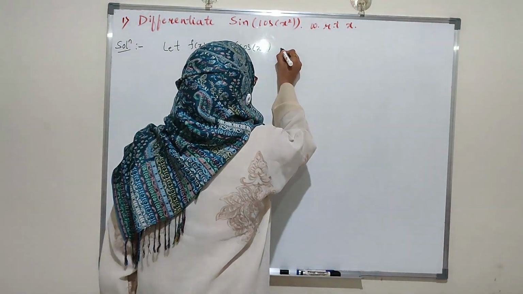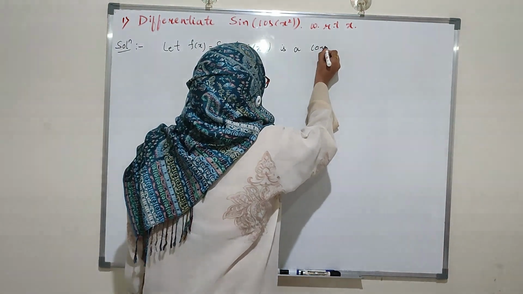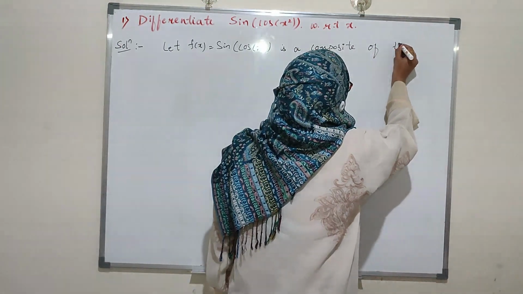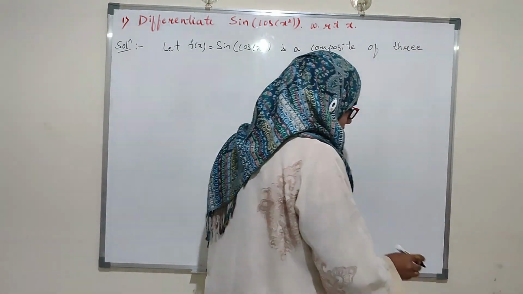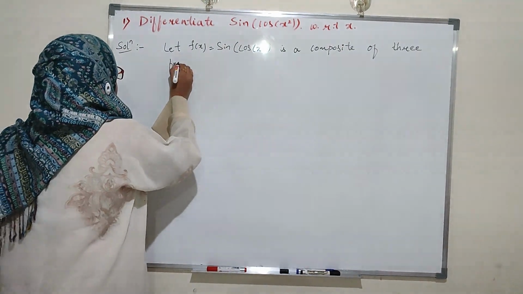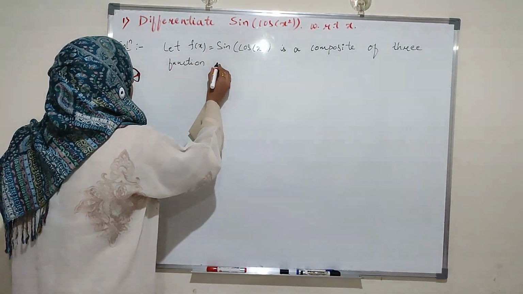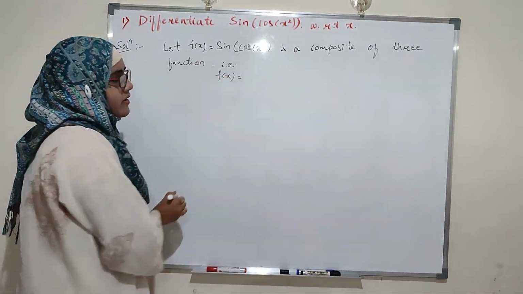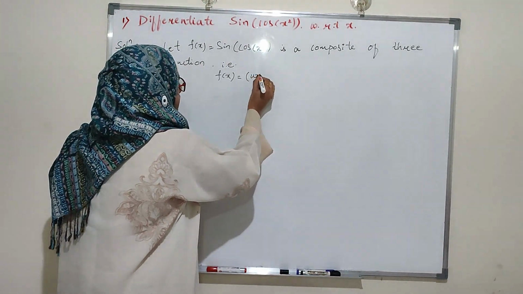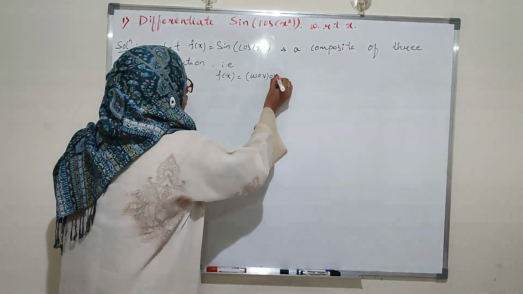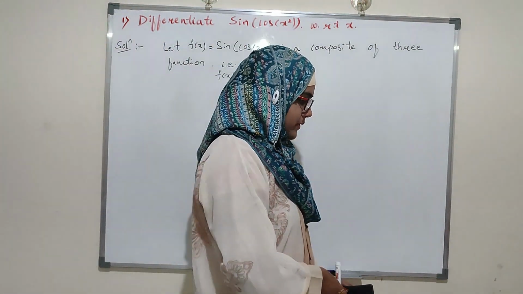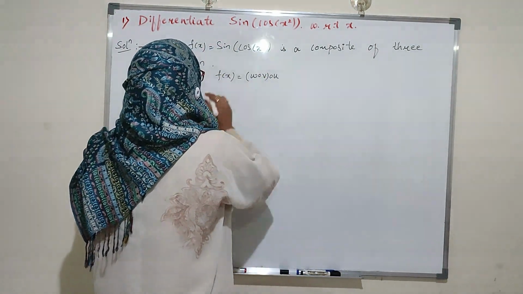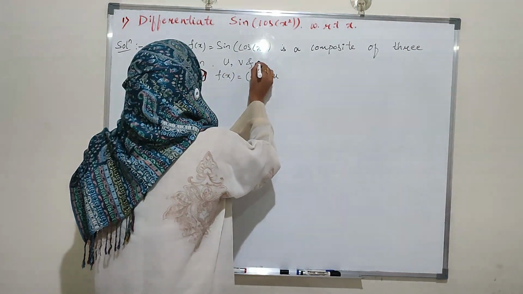It is the composite of three functions, that is, it can be written as f of x is equal to w of v of u, which is the composite of three functions u, v and w.